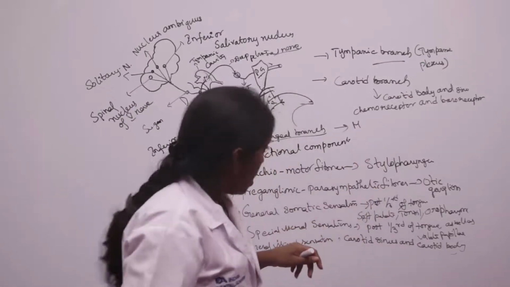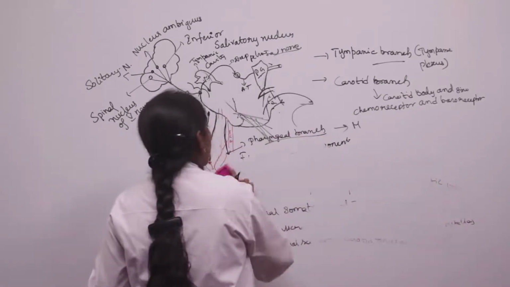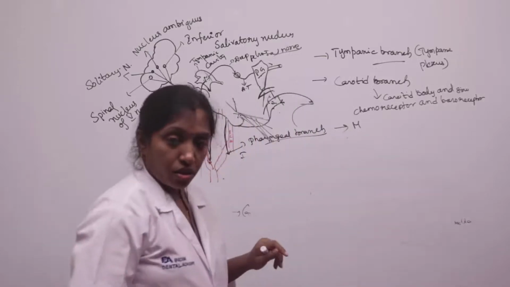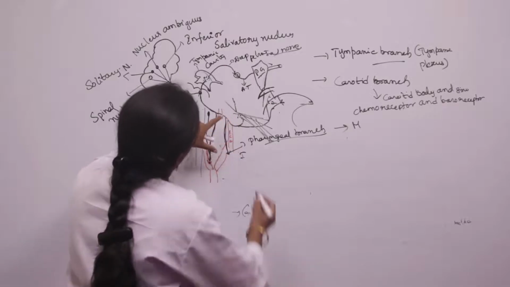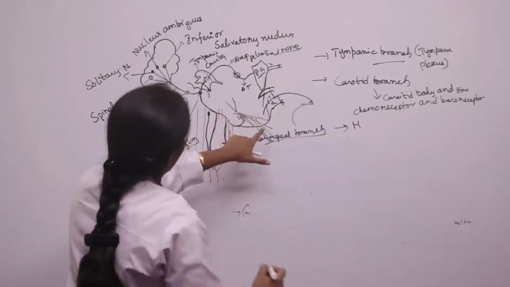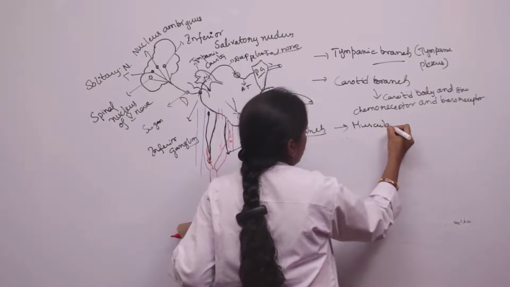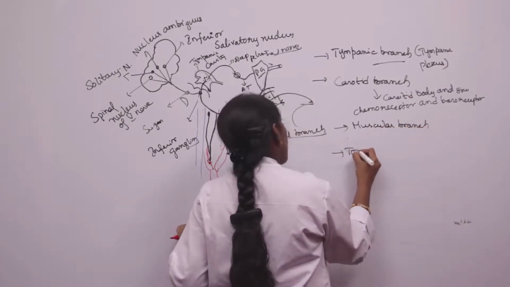The third branch is the muscular branch which supplies the stylopharyngeus muscle. And the fourth branch is the tonsillar branch.